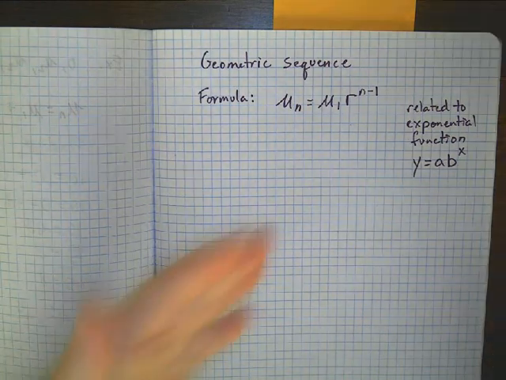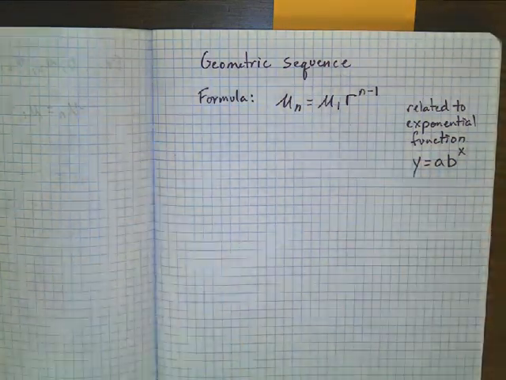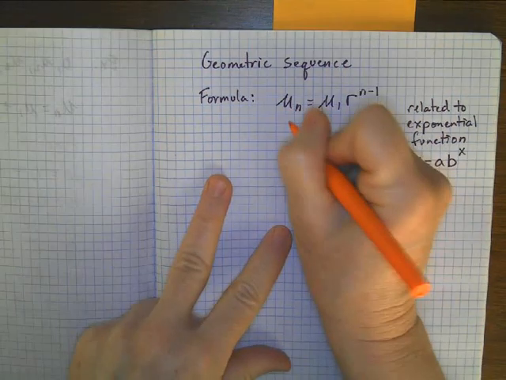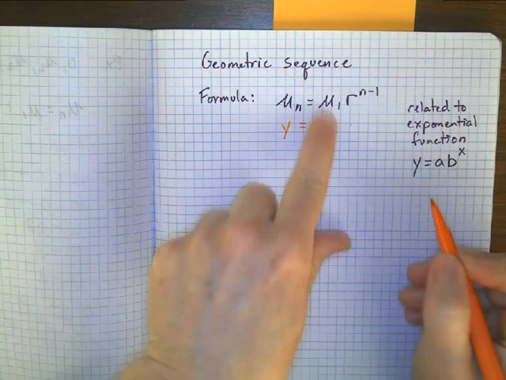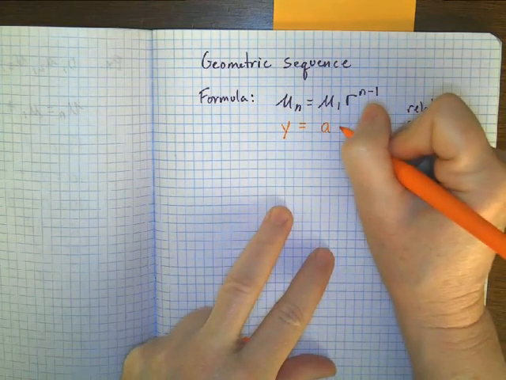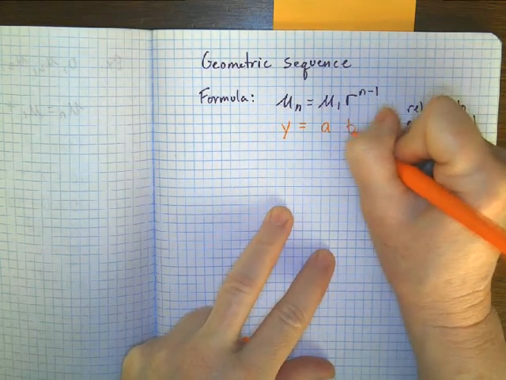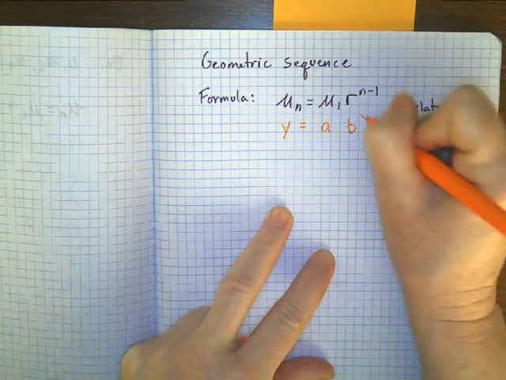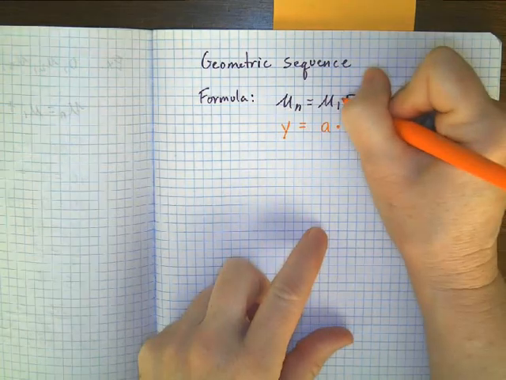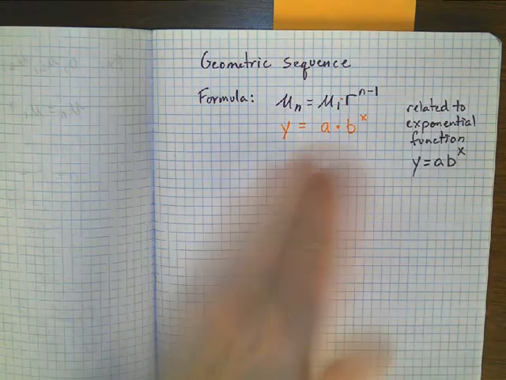It looks even more similar than the arithmetic one did. So here's our y, and here's our a, and then the r is our b, and n minus 1 is our x. Okay, so it's an exponential function.